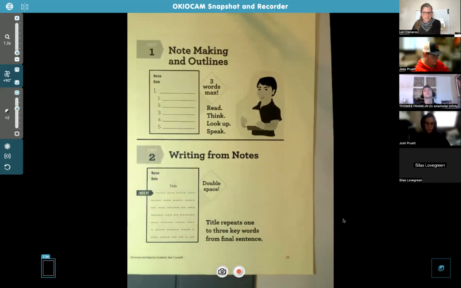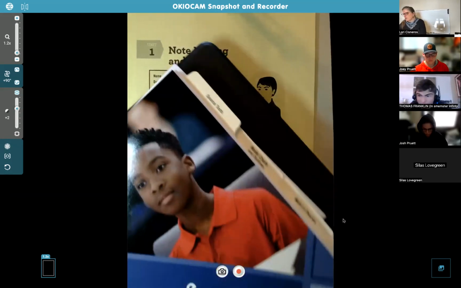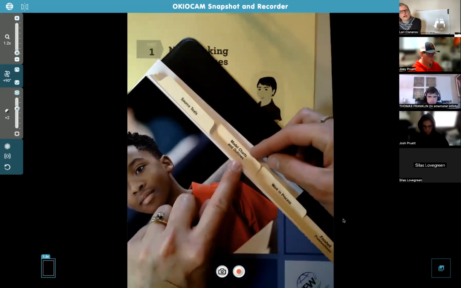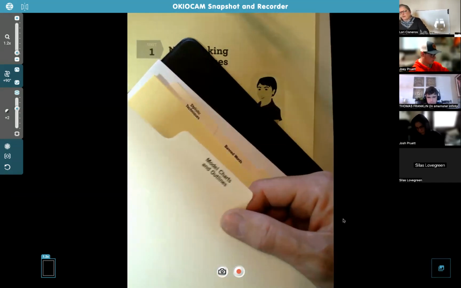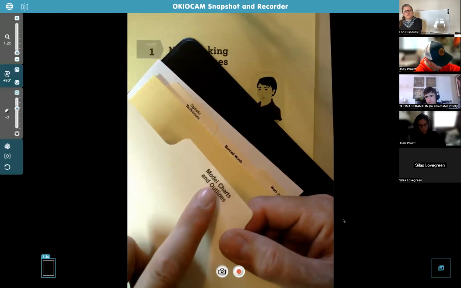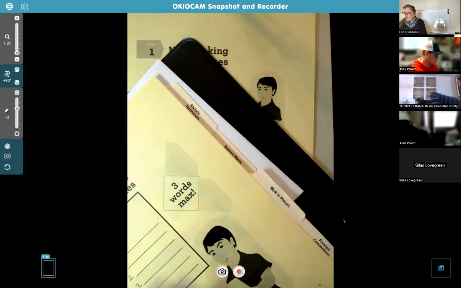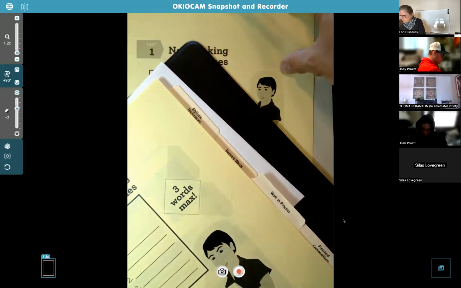We're going to put everything in its own spot now because we're done with this part of the binder. This yellow page 23 goes right here where it says model charts and outlines. So find this tab here. It looks like this. Model charts and outlines. And go ahead and stick it behind.